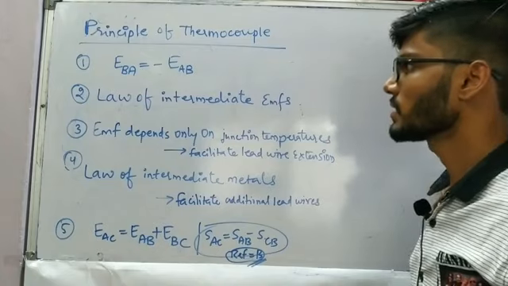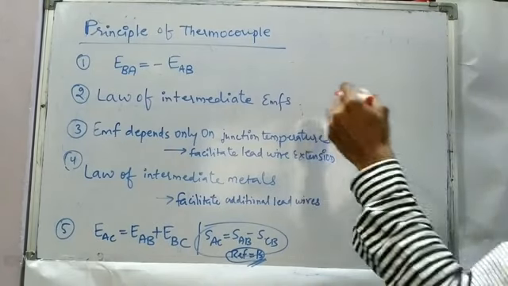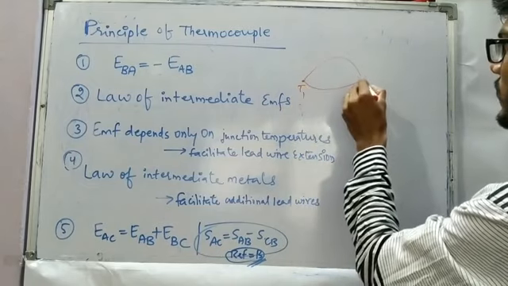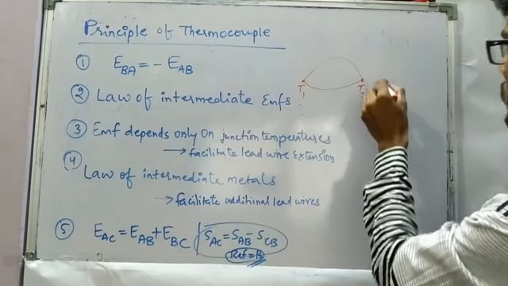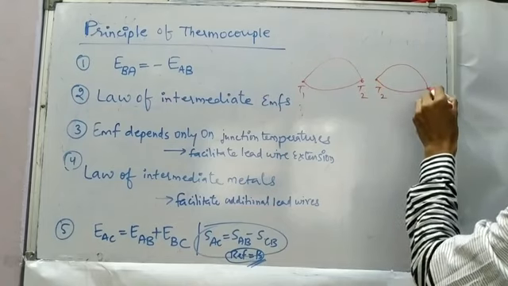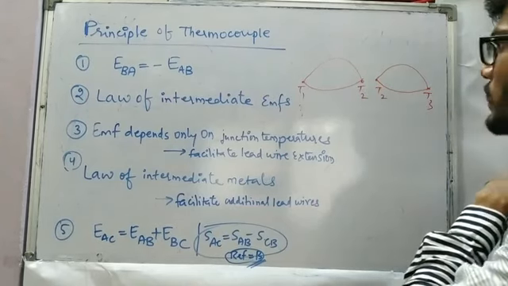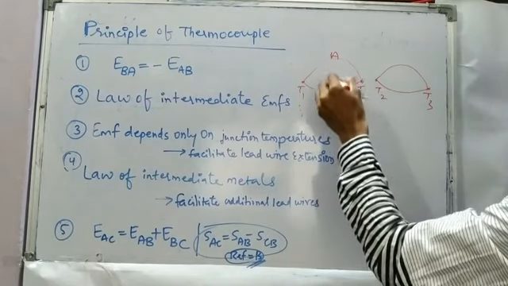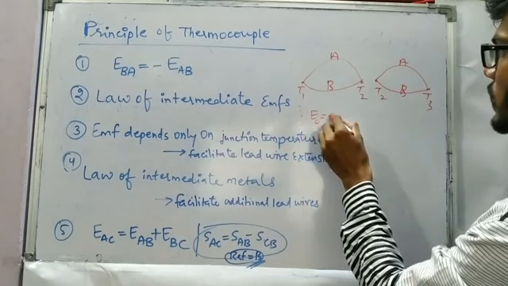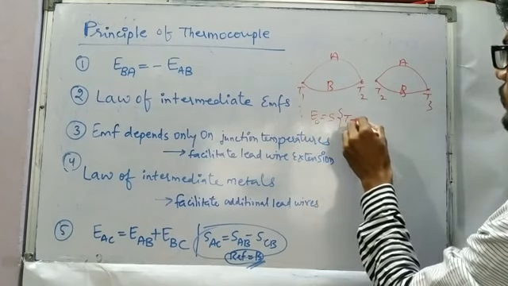And the second one says law of intermediate EMFs. So what we are doing: this junction is at temperature T1 and another junction is at temperature T2, and in another combination of metals the thermocouple has junction temperatures T2 and T3, and the combination of metal is the same, A and B. So here E0 is going to be sensitivity into T1 minus T2.